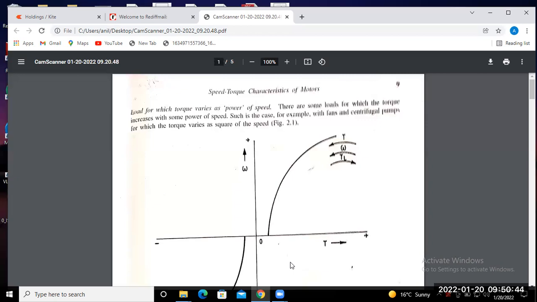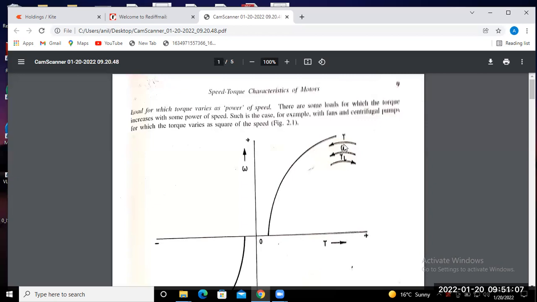So we discuss all four quadrants. One example I will explain later, but here we consider the fan load characteristic. That means torque is directly proportional to the square of the speed. So their characteristic is similar to this one.